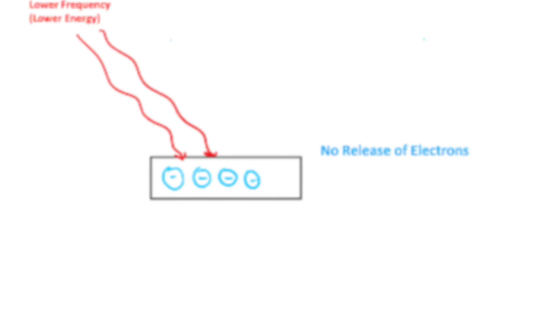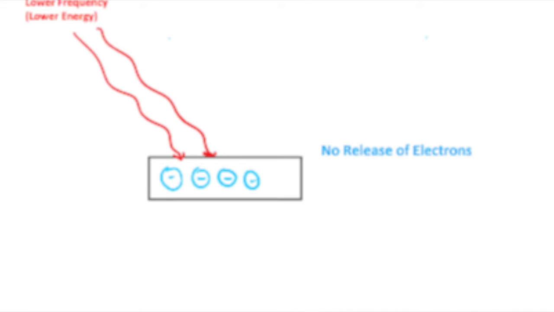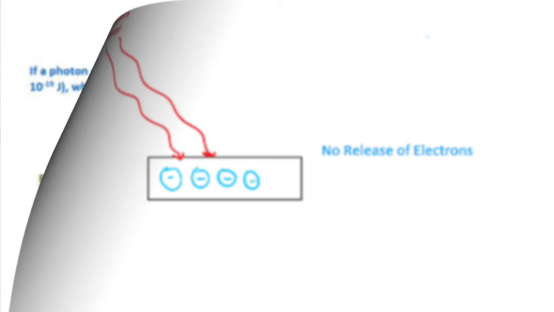The remainder goes into the ejected electron's kinetic energy by the conservation of energy. This reasoning led Einstein to the photoelectric equation, where KE equals hf minus E0, the binding energy, where KE is the maximum kinetic energy of the electron.